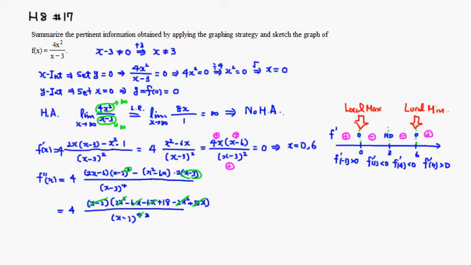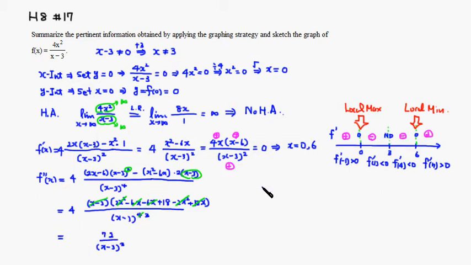So what's left is really just 4 times 18. 4 times 8 is 32, and 4 times 10 is 40, so it's 72 over quantity x minus 3 cubed. So this is the second derivative.